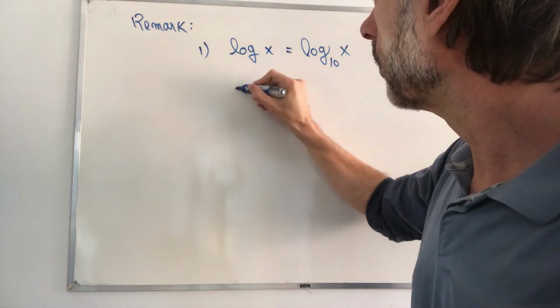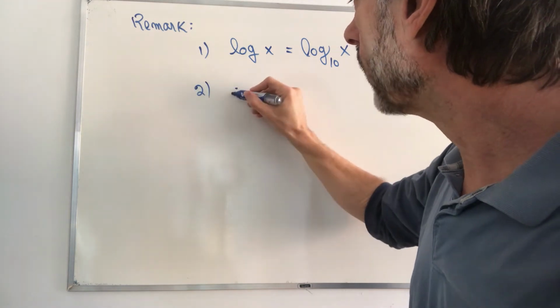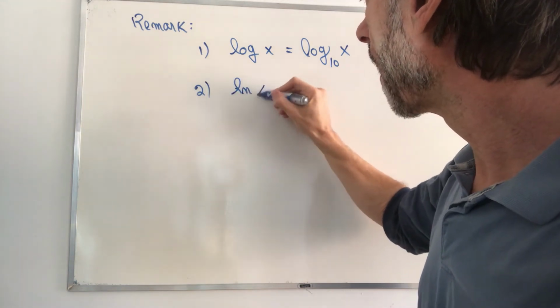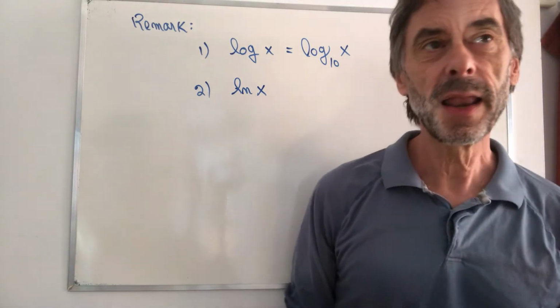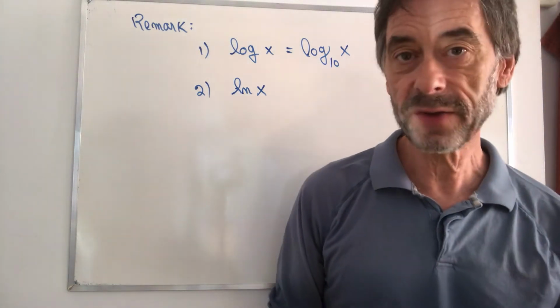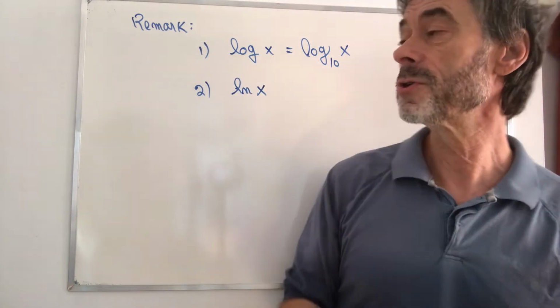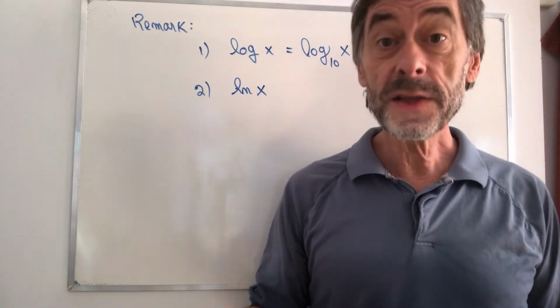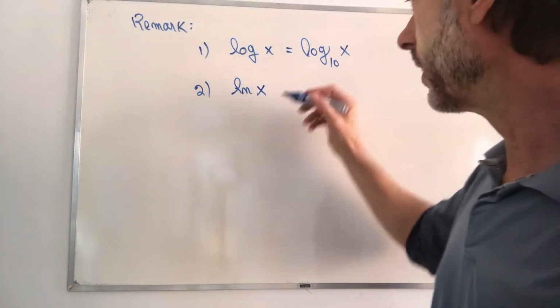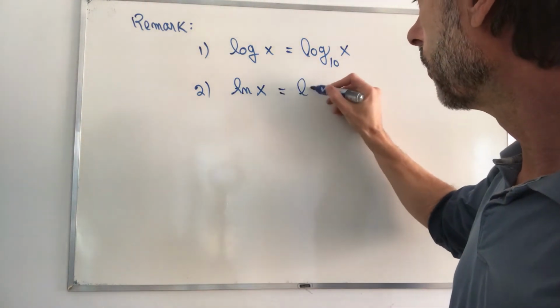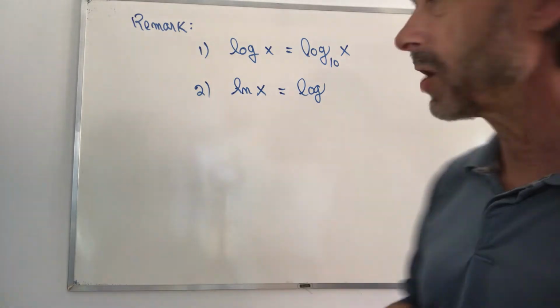Also, you will meet this other guy, ln. Some of you remember that perhaps from high school. ln, sometimes referred to as the Neperian log, sometimes referred to as the natural log. This is just another log, but with a very, very special base. What is the base of the ln? Do you remember?